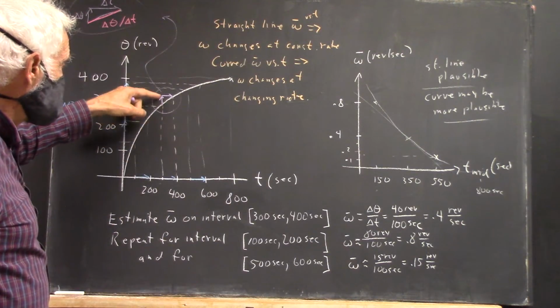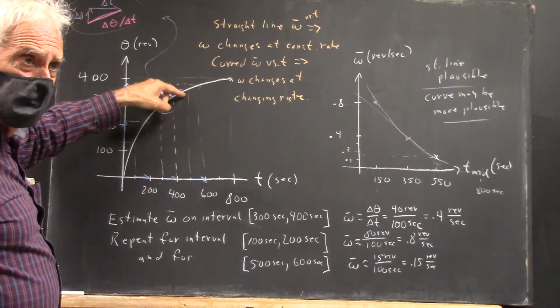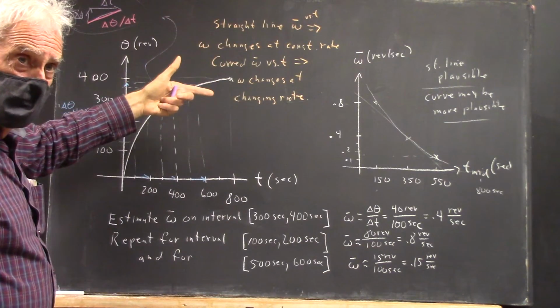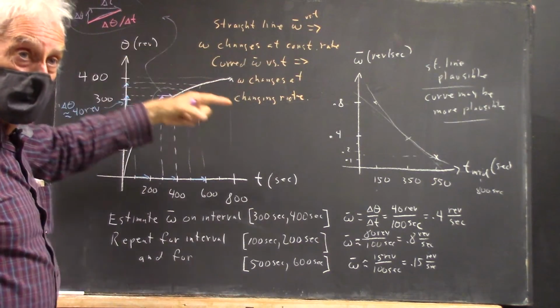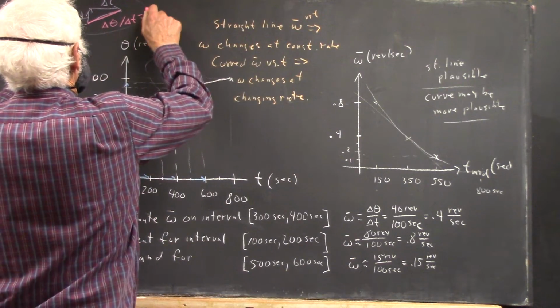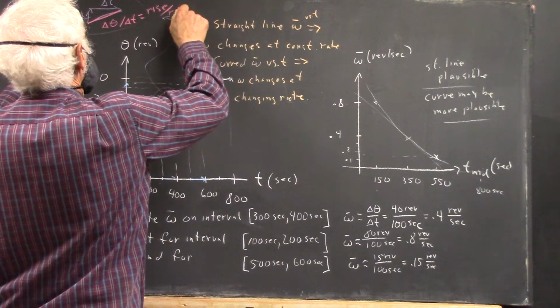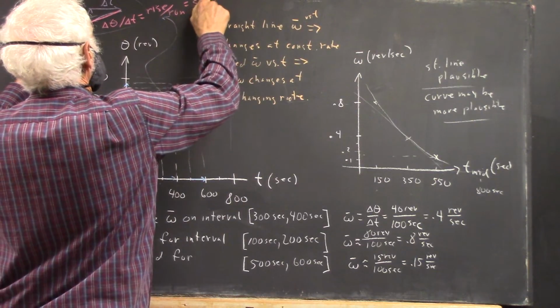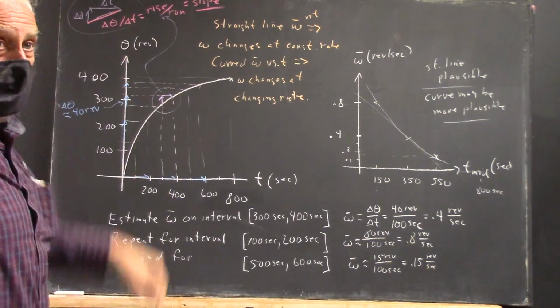Well, isn't delta theta the rise? And what's delta t? It's the run. What do you get when you divide the rise by the run? You get the slope between these 2 points of the graph.